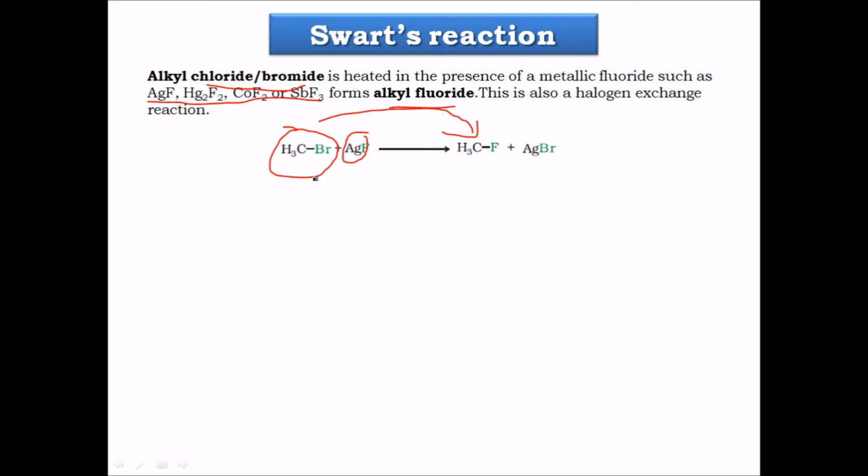This is the conversion of methyl bromide into methyl fluoride by using silver fluoride here. You can take any metallic fluoride, we just need to heat it. That's the reaction called Swart's reaction, the method of conversion of alkyl chloride or bromide into fluoride.